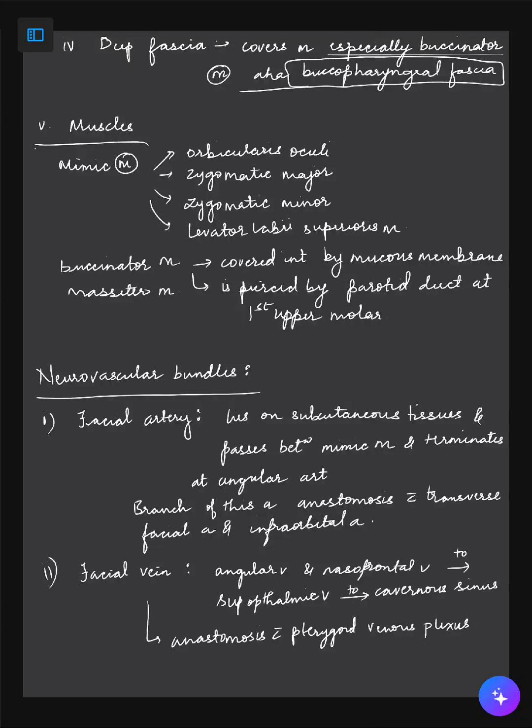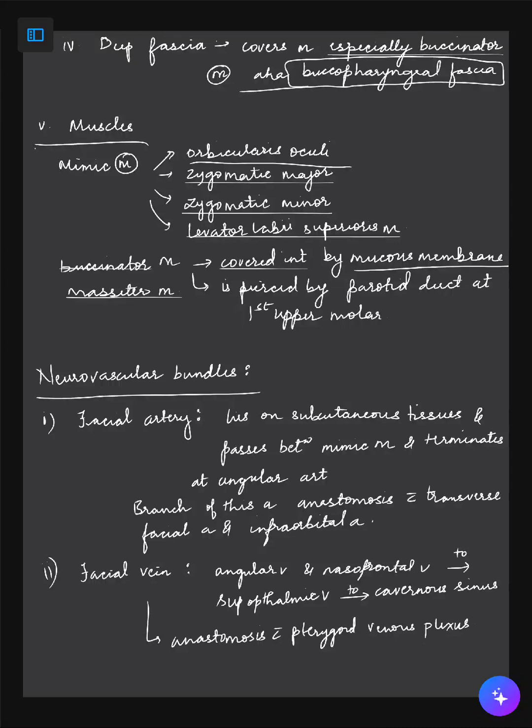Because they help in the facial expressions of humans, called mimicry. They are orbicularis oculi, zygomaticus major, zygomaticus minor and levator labii superioris. Another is the buccinator muscle, which is covered internally by mucous membrane, and the masseter muscle is also present.